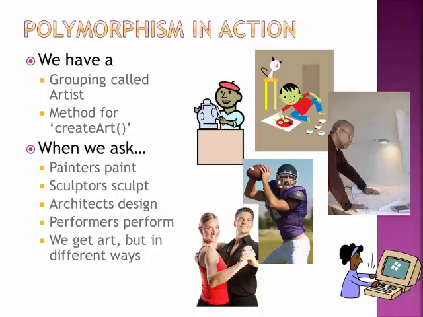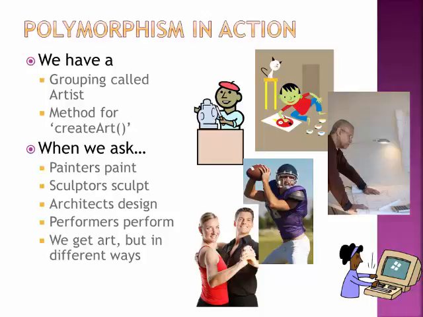If I ask an artist to create art, they're going to paint. If I ask a sculptor to create art, they're going to sculpt. Whatever type of artist they are, they're going to create their art in the way they create art. And that's okay. I don't need all artists to be common. If that was the case, I'd have painters, I'd have sculptors, I'd have whatever their specific class is.